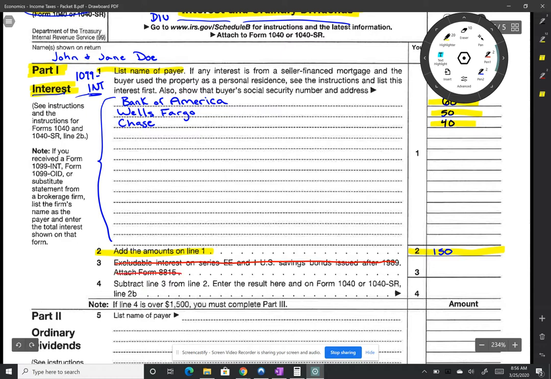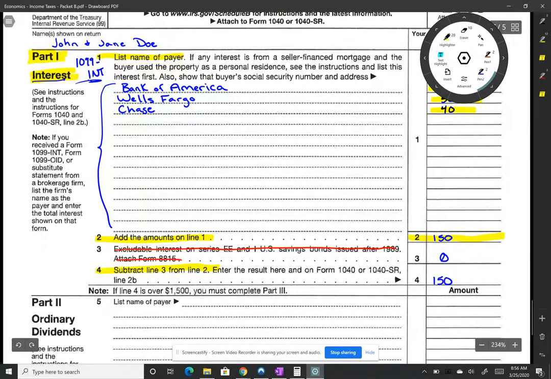Line 4 says subtract line 3 from line 2. If line 3 is 0, then line 4 is 150.